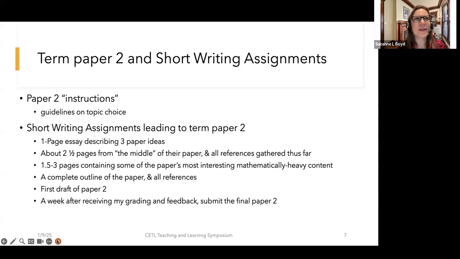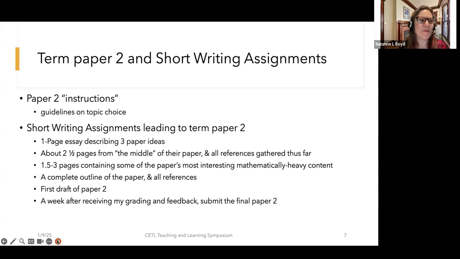And then the short writing assignments are kind of similar, but I mix it up just a little bit. They have to describe their paper ideas, and then I choose one of them. And all of these things, it's not just bullets, it's an essay. So they have to write full sentences, introduction, conclusion, and so on, right? I give them a complete description of what I'm expecting in each of these short writing assignments too.